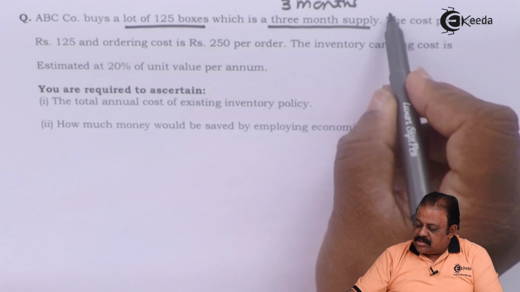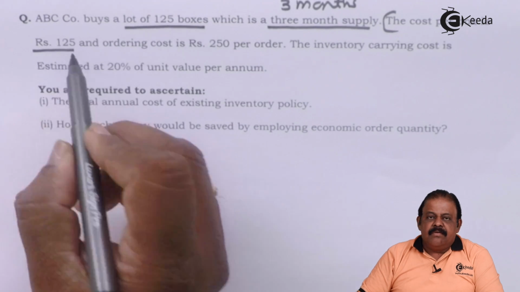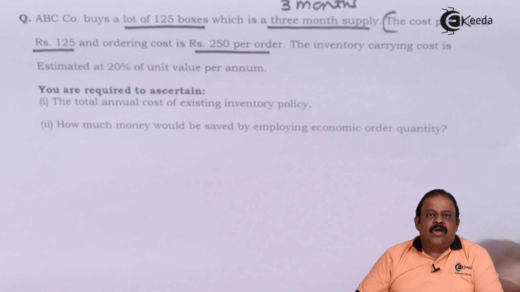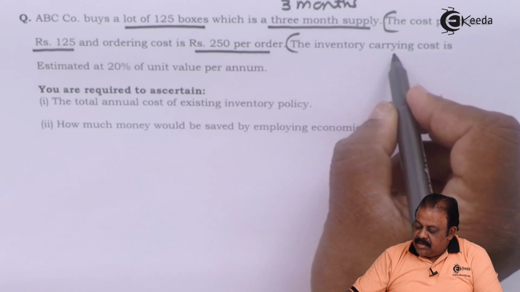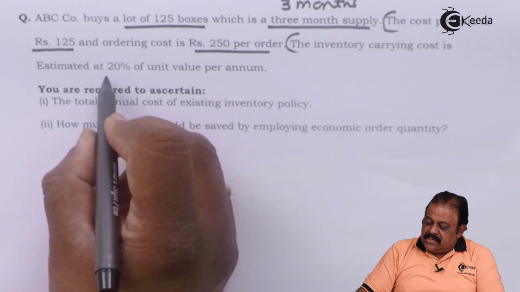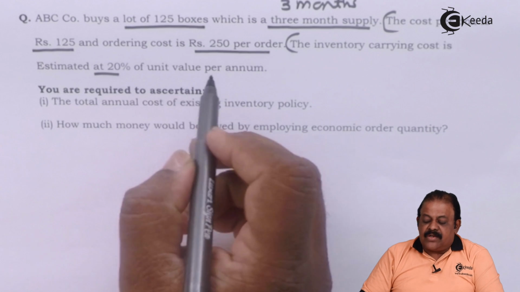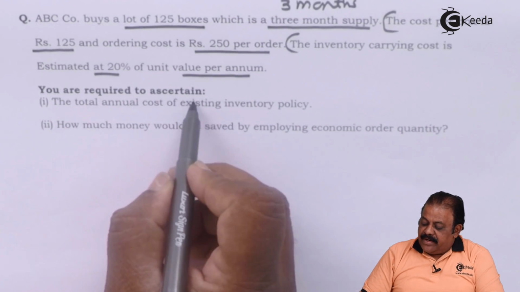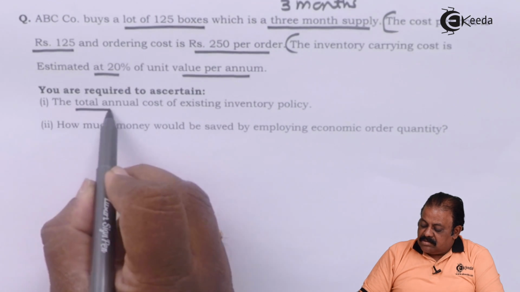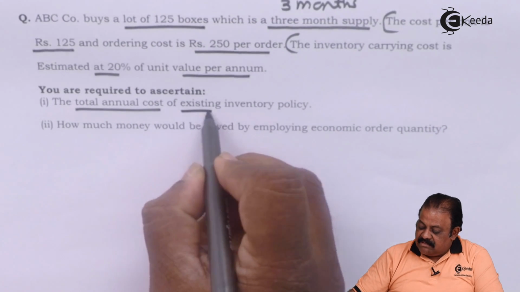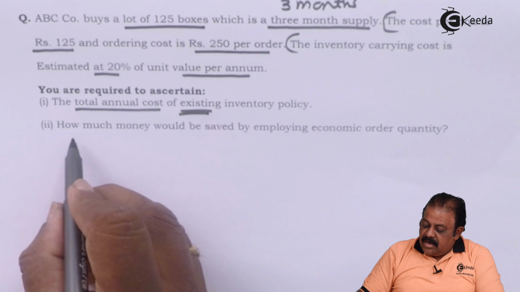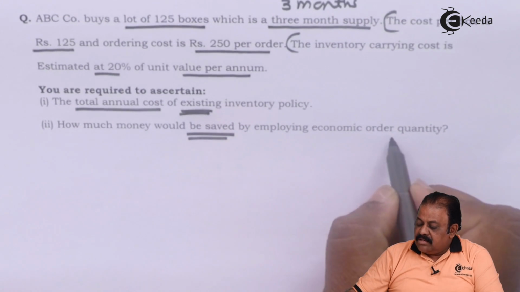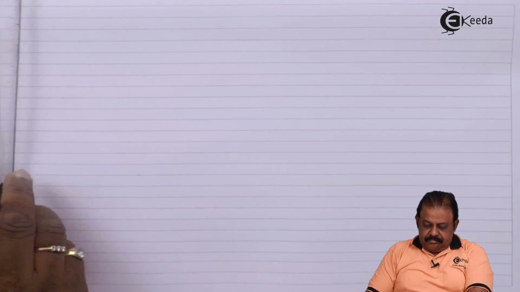The cost per box is rupees 125 per unit. Ordering cost is rupees 250 per order. The inventory carrying cost is estimated at 20% of unit value per annum. You are required to find out the total annual cost of existing inventory policy and how much money would be saved by employing economic order quantity.